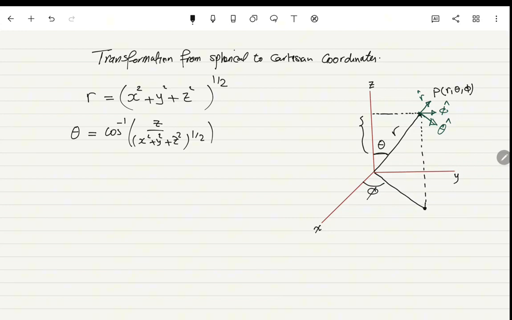Now to identify phi, we have here the intercept with the x-axis. Again, this is a right angle triangle, although it doesn't look like 90 degrees, but it has to be. Tan phi is equal to y over x. Remember, this is the 90-degree angle, so phi equals tan inverse of y over x.